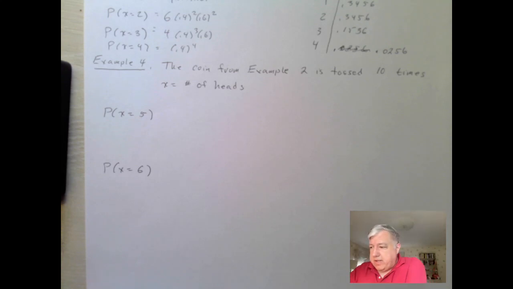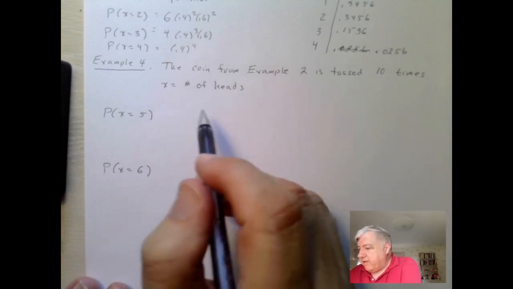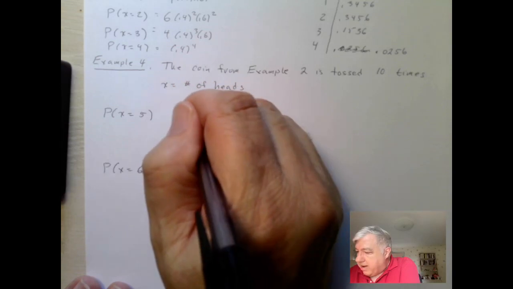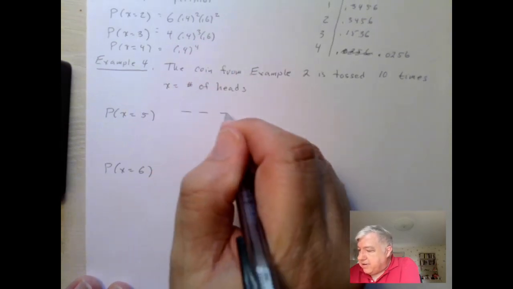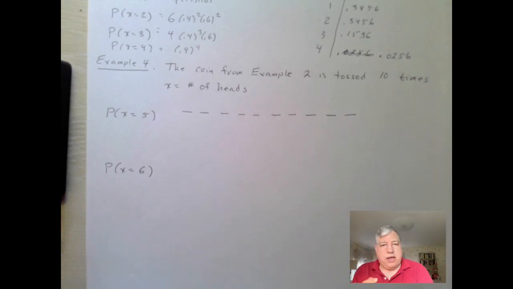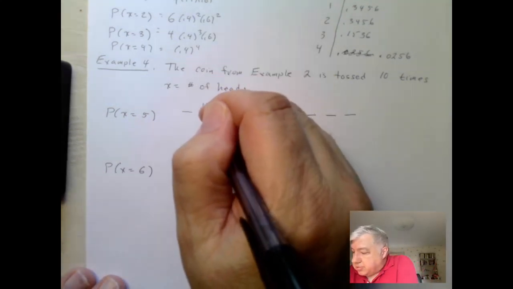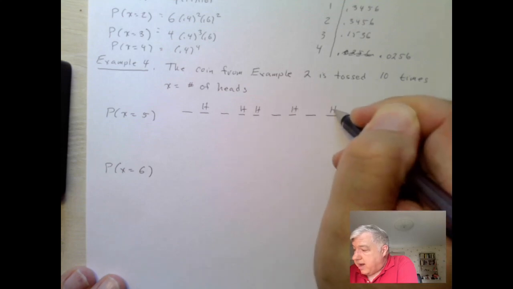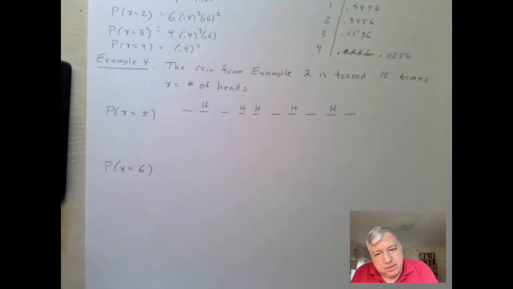Well, one way to think about this is, we're looking for an outcome with 5 heads and 5 tails. So these are our 10 tosses, and I say, give me an example where we have exactly 5 heads. So you basically choose 5 positions here, right? And the key word is choose.